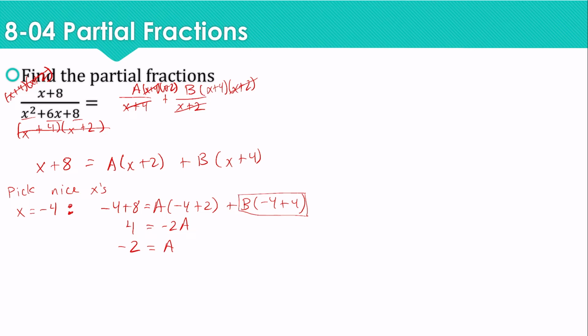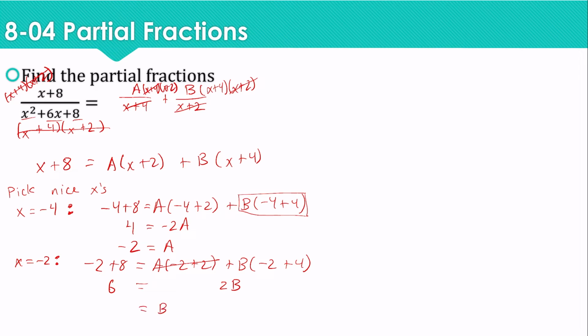Well, we could do the same thing to get rid of A. We could say x is -2. So if we plug in -2, we'd have 6 equals, all that becomes 0, this becomes 2B.